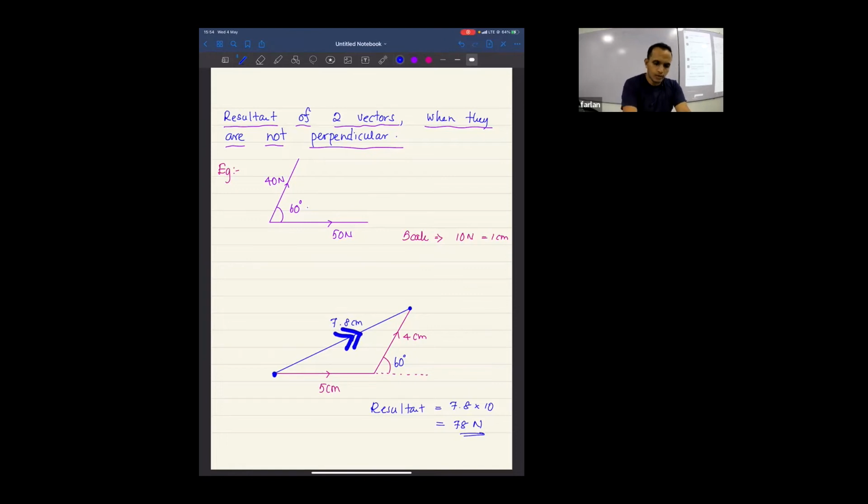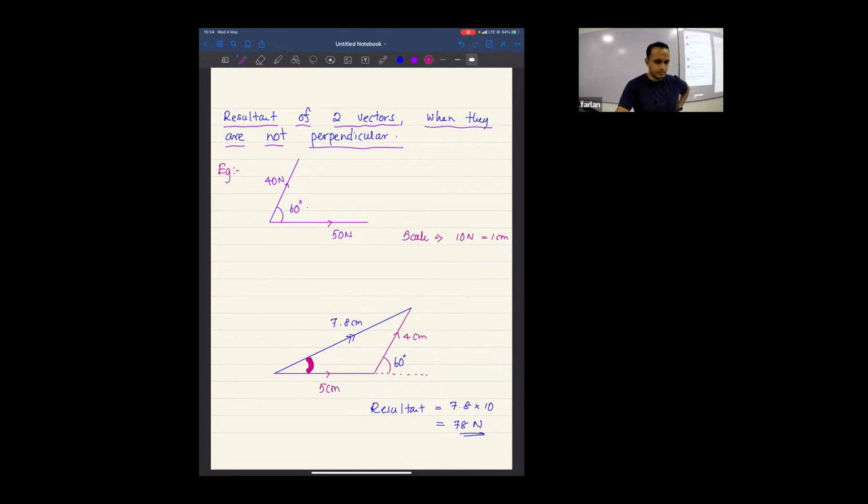Understood? If you want to measure the angle, you can measure this angle. How much is that angle? 30? So it is at an angle of 30 or whatever the angle is with the 50 newton force.